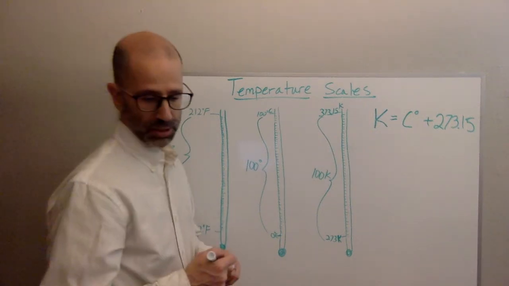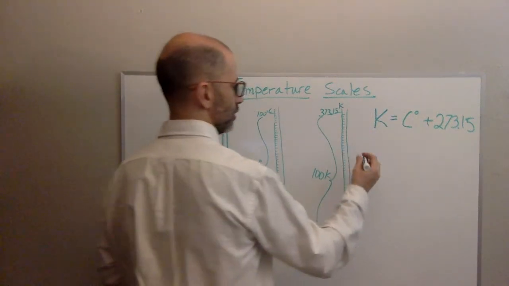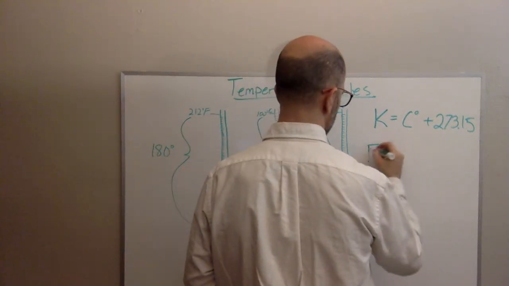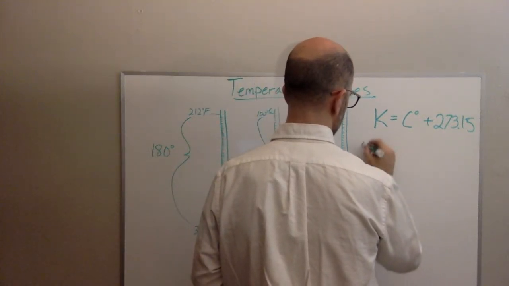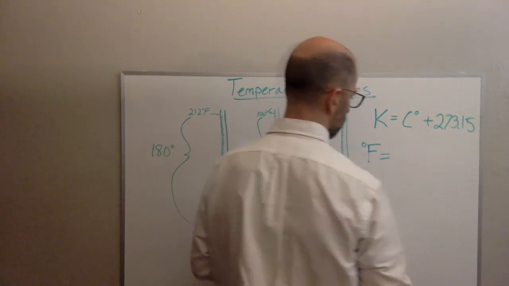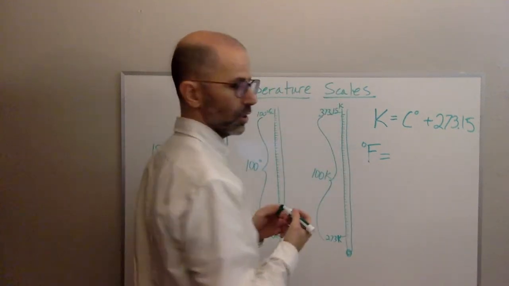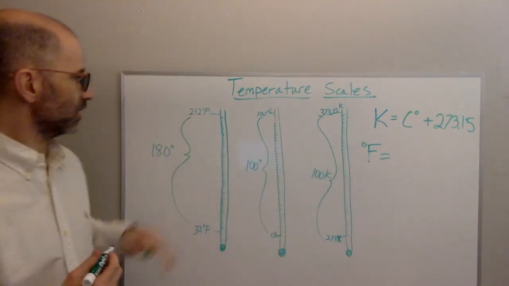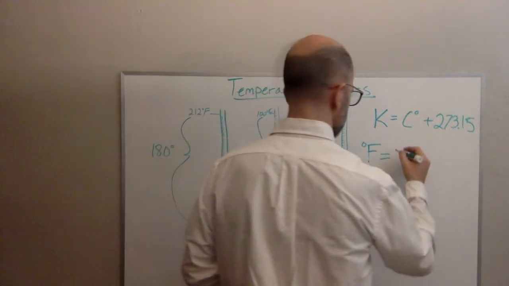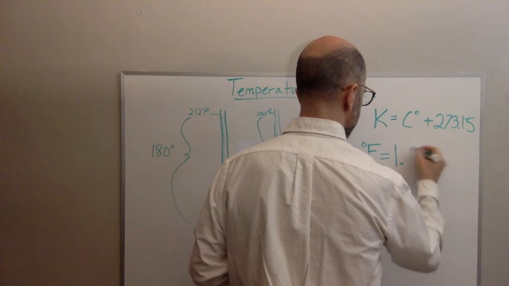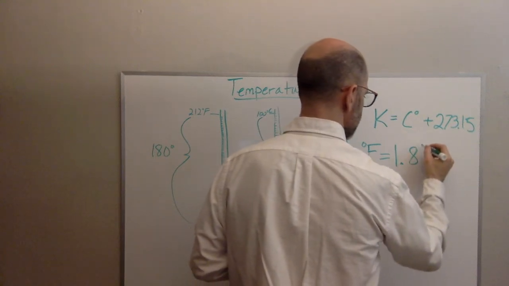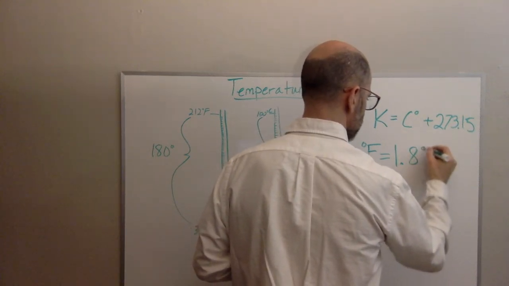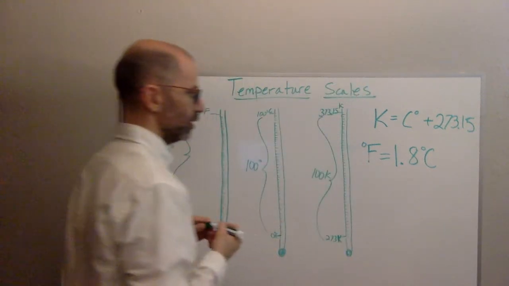So for the equation, this is one way to write it: degrees Fahrenheit is going to be equal to 1.8 times the degrees Celsius.